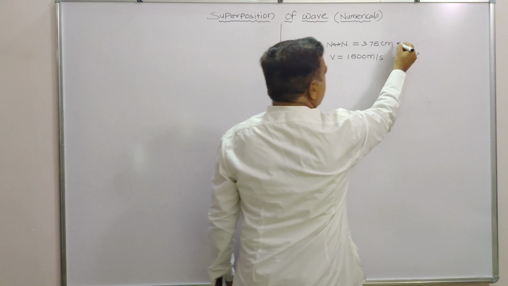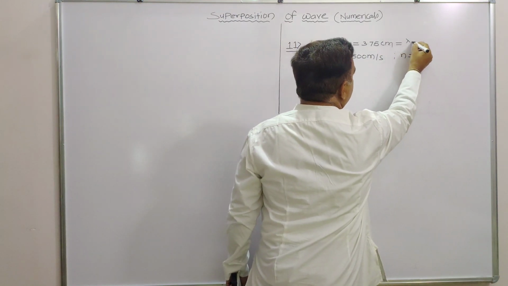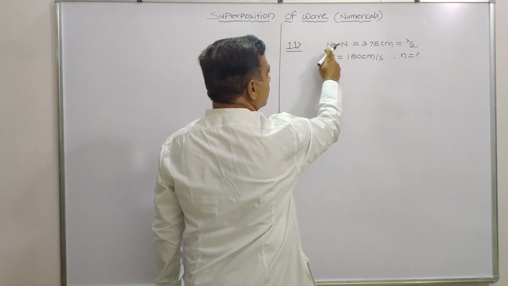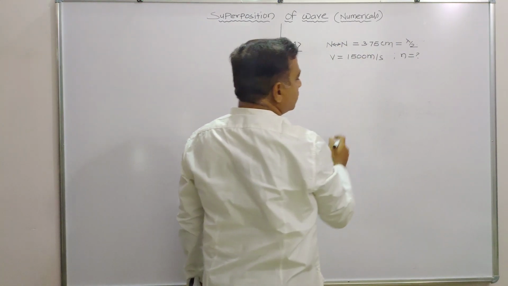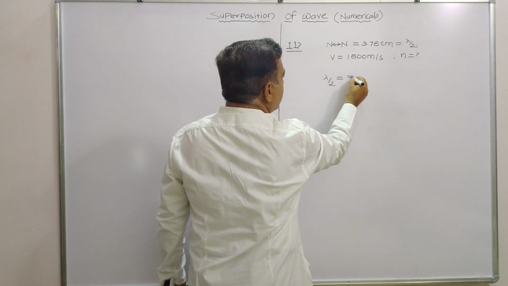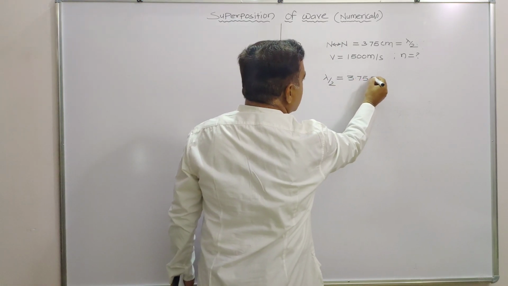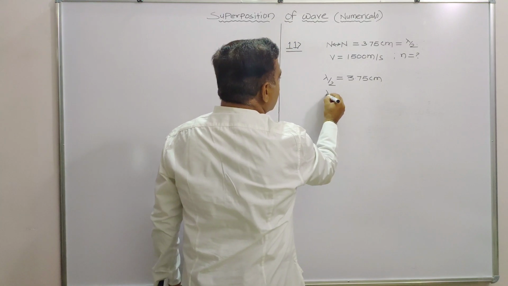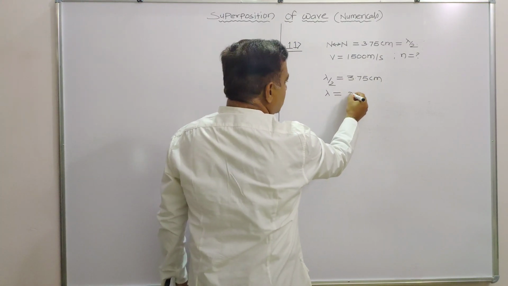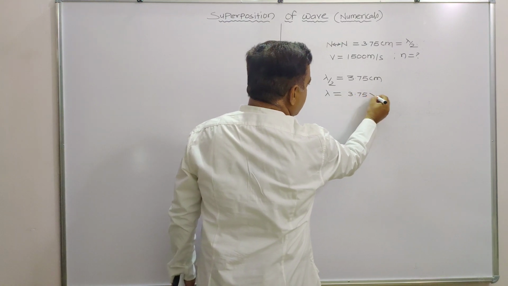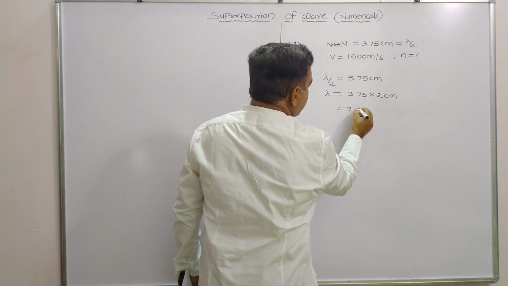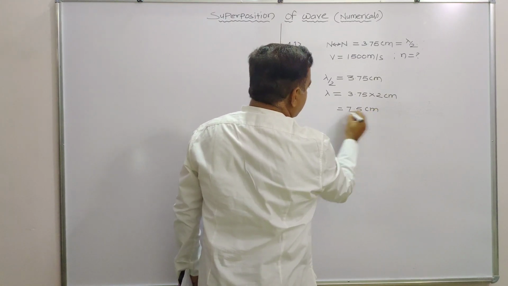Very simple. We know the distance between two successive nodes is equal to lambda by 2. So lambda by 2 is equal to 3.75 centimeter. What about the lambda? Lambda is equal to 3.75 multiplied by 2 centimeter, which comes out to be 7.5 centimeter.